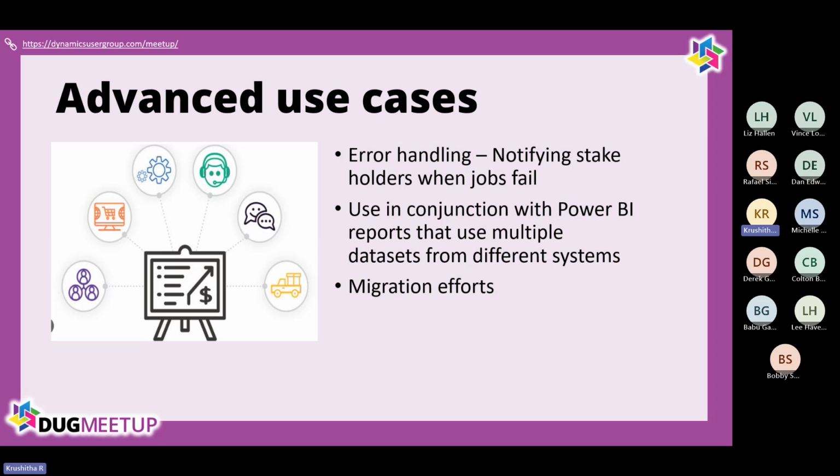You will have failures every now and then. And so we have set up some Power Automate flows for error handling. So when a job fails, basically notify a group of users.